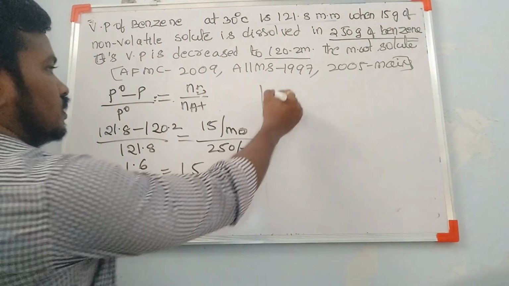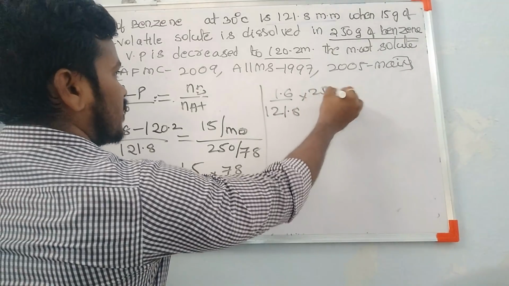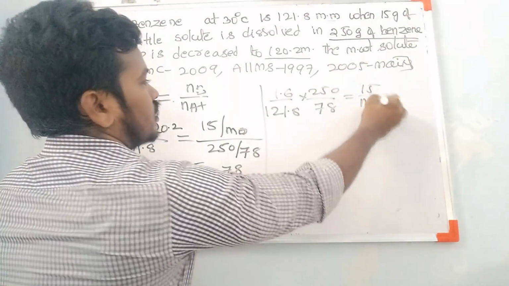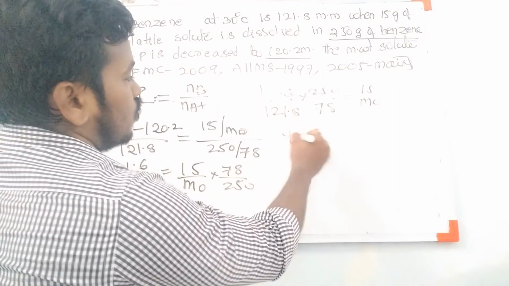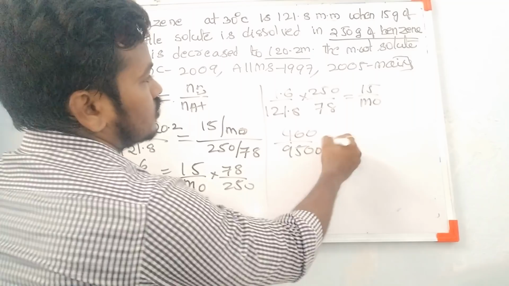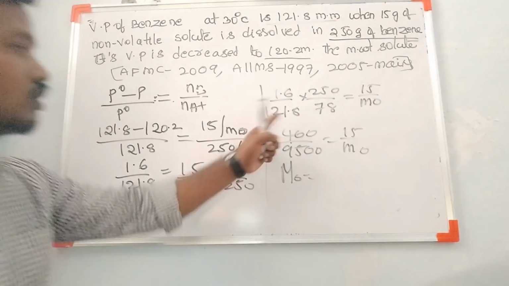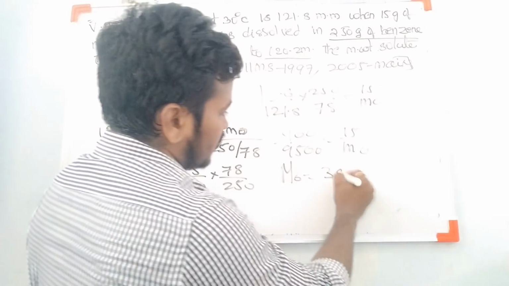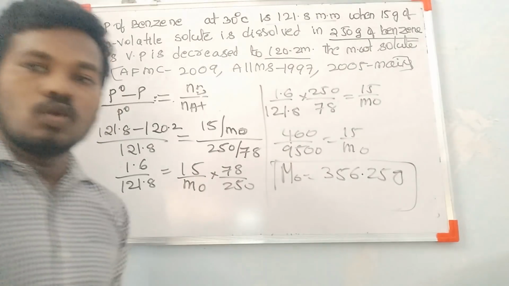By doing the calculations, we get 400 by 9500 is equal to 15 by molecular weight. So the molecular weight of the solute is 356.25 grams.